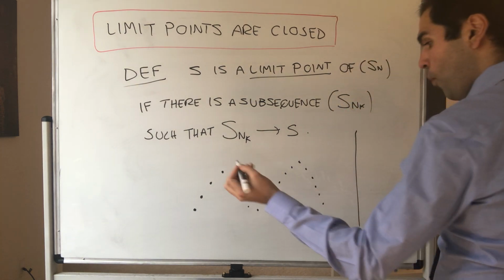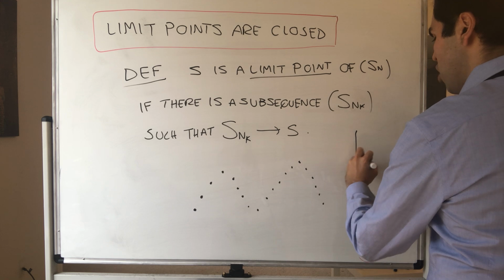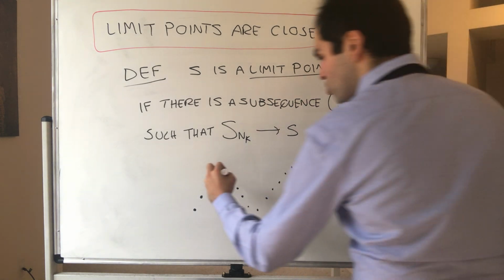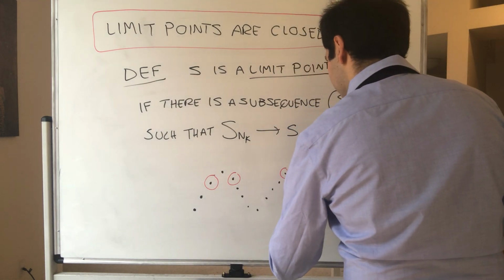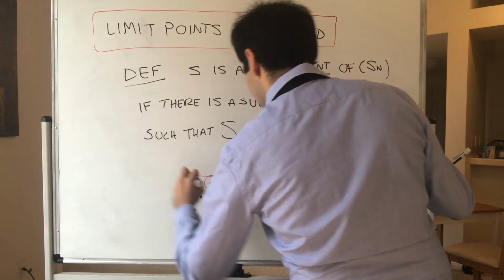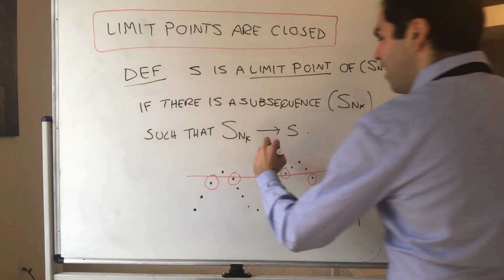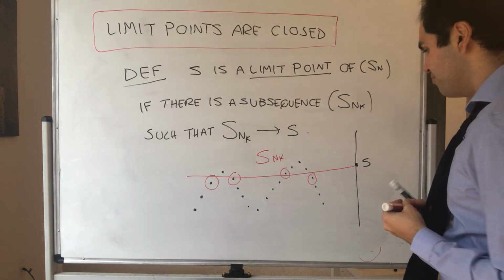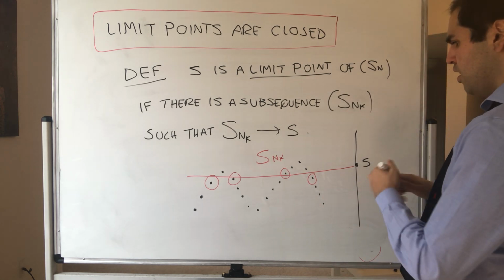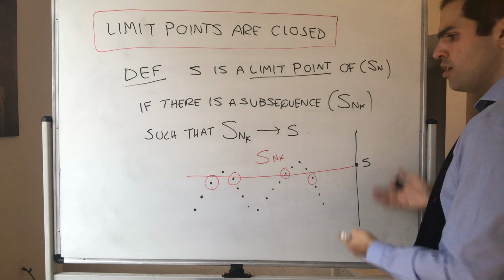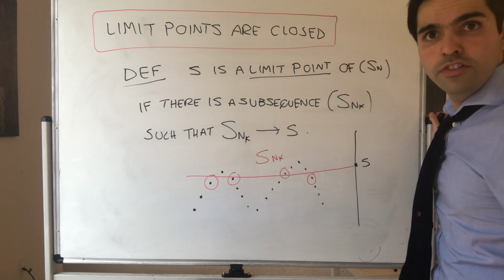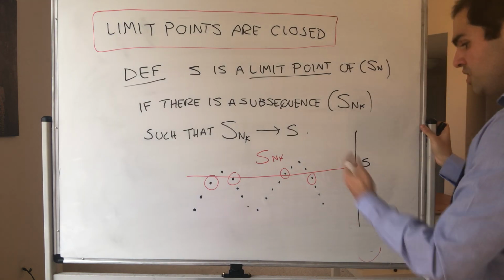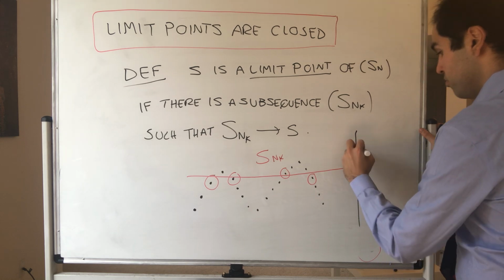Then a limit point or a subsequential limit is a number, or plus or minus infinity, such that there is an express train converging to S. In other words, S is a limit point if you can find a subsequence Snk that converges to S. So a subsequential limit or a limit point is just all the possible destinations of express trains of Sn. And in general, there are many such limit points.